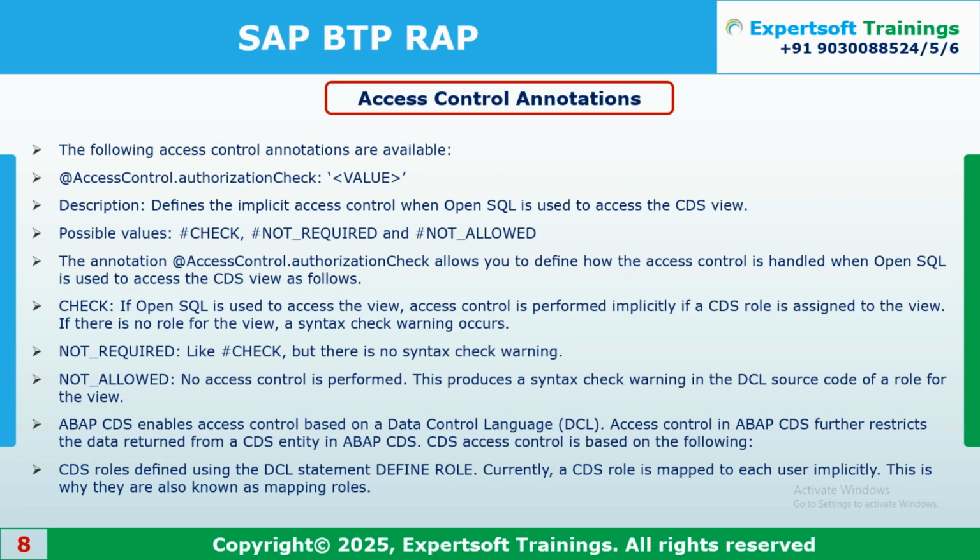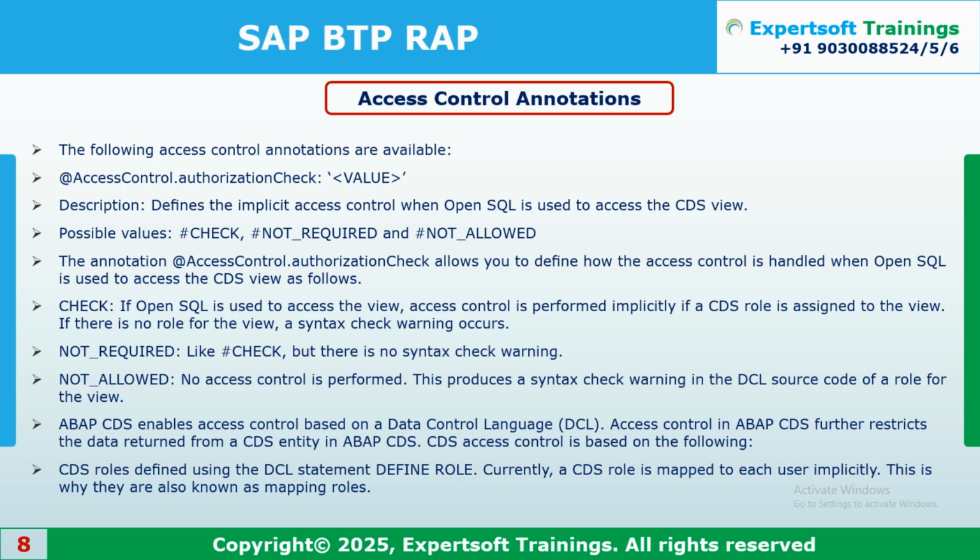And the access control annotation is a major one in real business scenarios, where we can restrict the records for a particular user. For example, consider a business with multiple locations and multiple users.